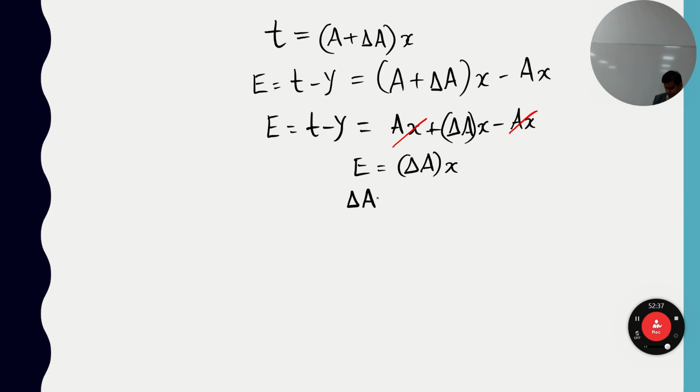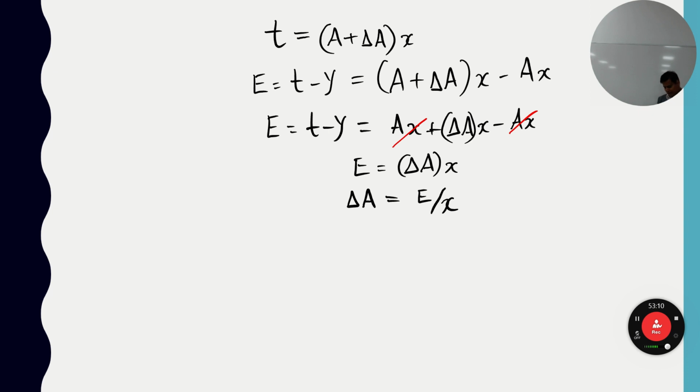Delta A equals E by X. So this is a very simple expression that gives us an idea how to get this change in A, right? So we can use E to refine the slope of A of this classifier that we are talking about. That's what we have to do. We have to update one by one.